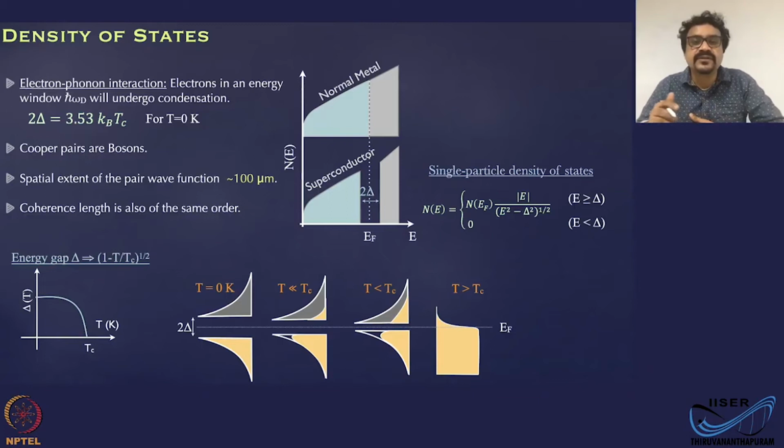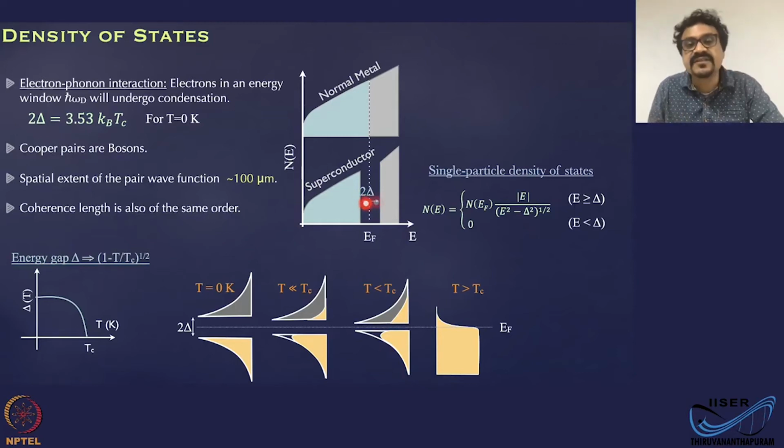Okay. So it's a three-dimensional material, that is what we are considering. So the density of states is going to go like E to the power 1/2, smoothly varying, and the Fermi level is somewhere here. Okay. And electrons in an energy window which is given by 2 delta, this is defined at T equals 0 Kelvin. Okay.